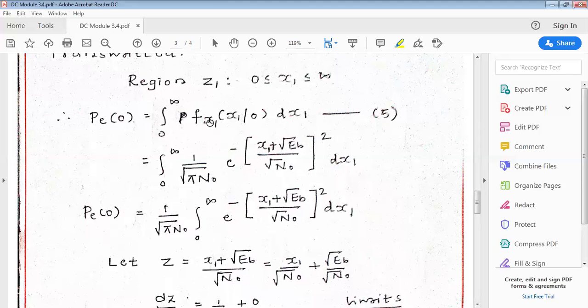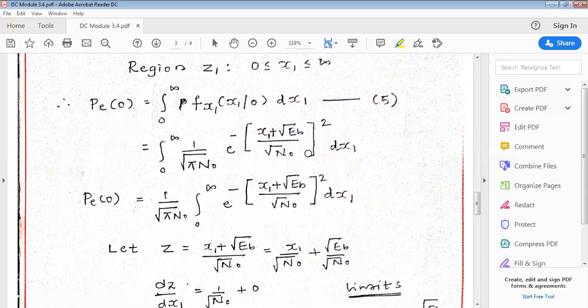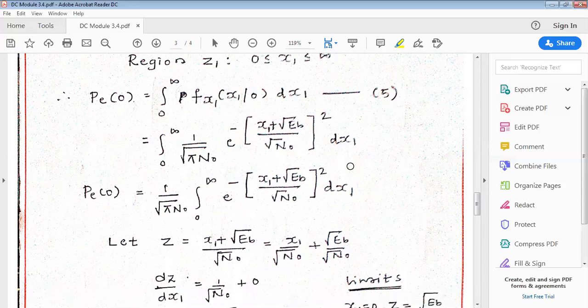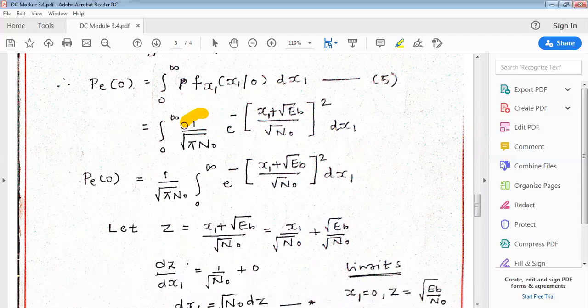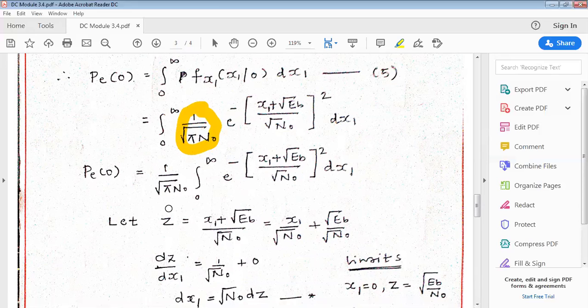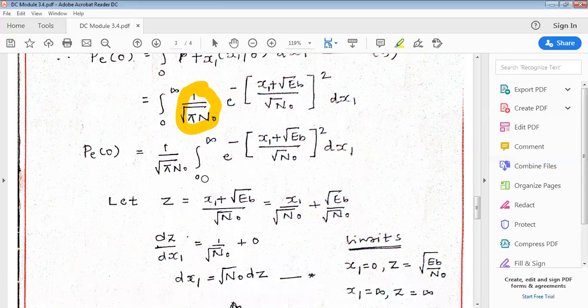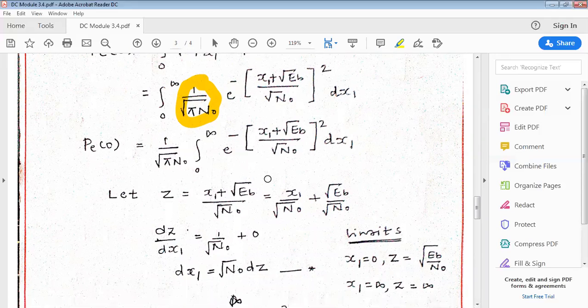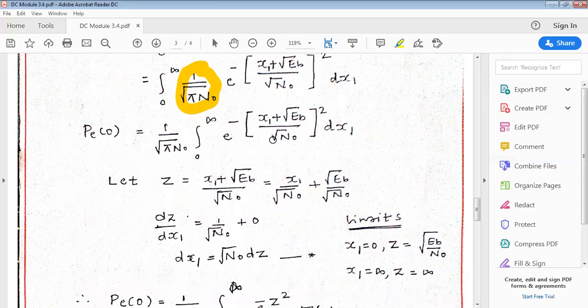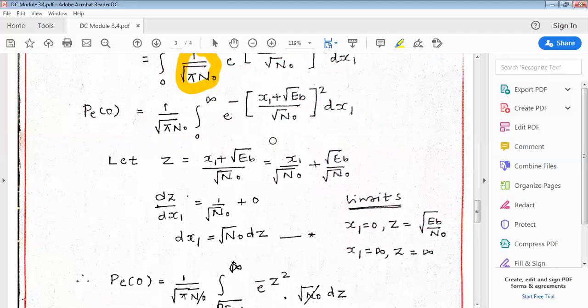Now let me substitute this density function, 1 divided by square root of pi N naught, e raised to minus (x1 plus square root of Eb) divided by square root of N naught, whole square, into dx1. Since this part is constant, I will take it outside the integration. So that is 1 divided by square root of pi N naught, integration from 0 to infinity, e raised to minus this term. If you see this exponential term, it is a little complex, so it is difficult to integrate.